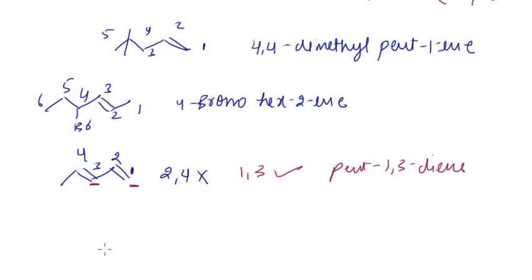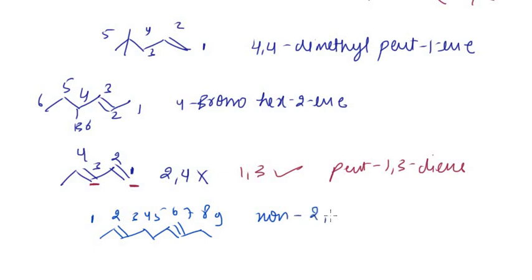Now if we have double and triple bond together, here the double bond is getting the least priority. So we will be numbering from this side 3, 4, 5, 6, 7, 8, 9. We will be naming it like non-2-en-6-yne.